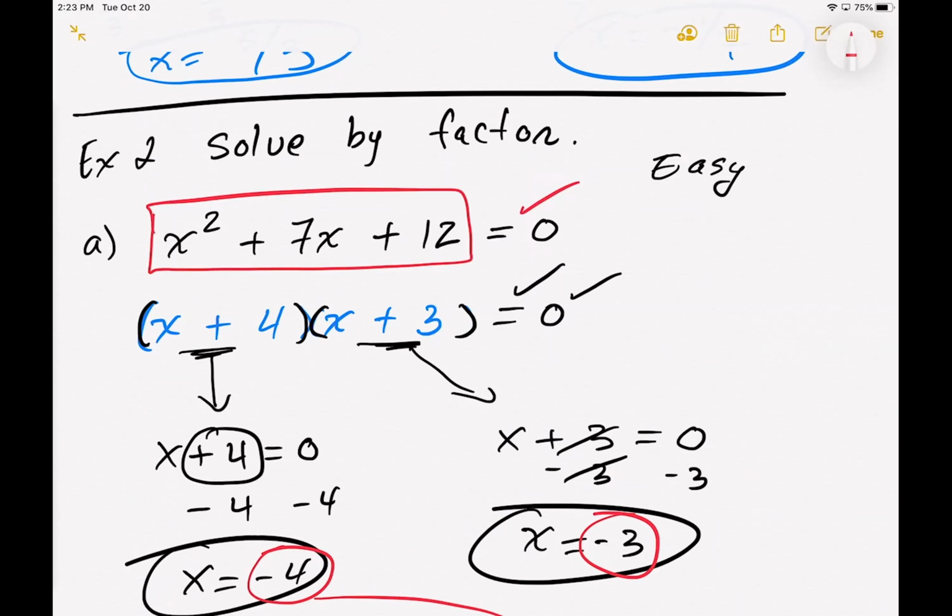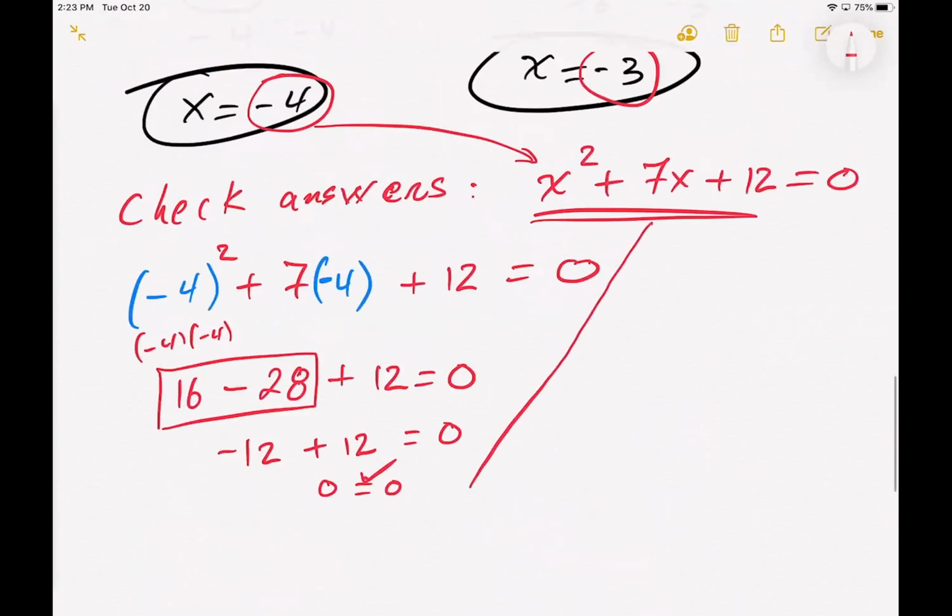Everybody see that if you plug in -3, we have -3 squared plus 7 times -3 plus 12. And again, -3 times -3 is 9. -3 times 7 gives me -21. -21 plus 12.